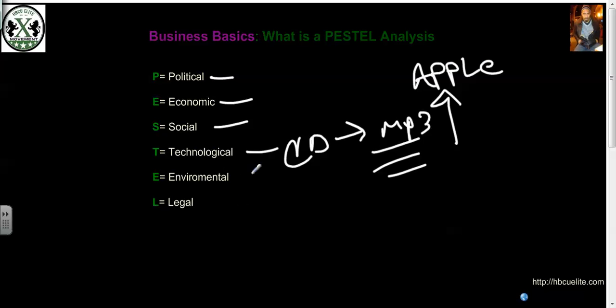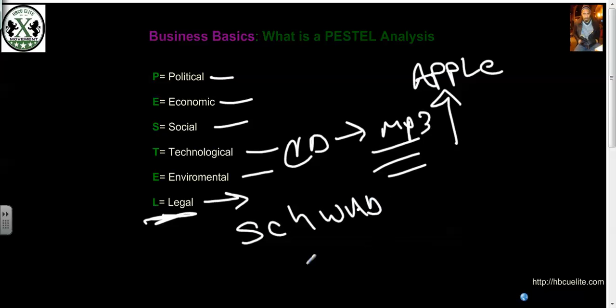And then you have environmental things that can happen, like, for example, right now fracking is happening, and then you have legal. And this legal thing is actually kind of interesting to me, because some of the most well-known companies came about from what they call legal disruptions. For example, Charles Schwab came about from a legal disruption in 1975.